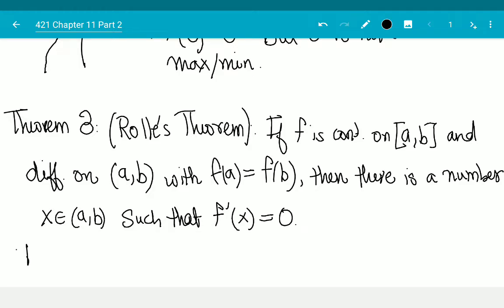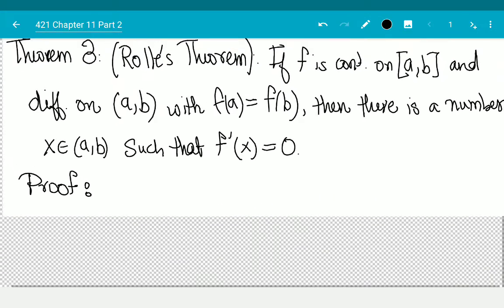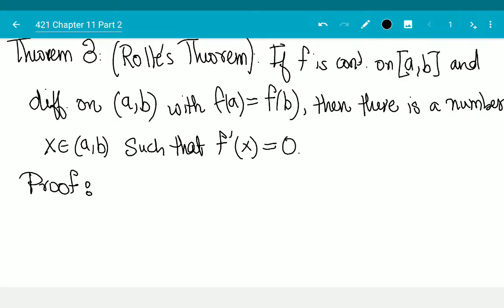Now, the proof. This is a slightly different statement. We are not frankly saying that there's a maximum or a minimum, but that is what we will be using in this proof. So, if my function f is continuous on the closed interval [a, b], then I know that it has a maximum in the interval.